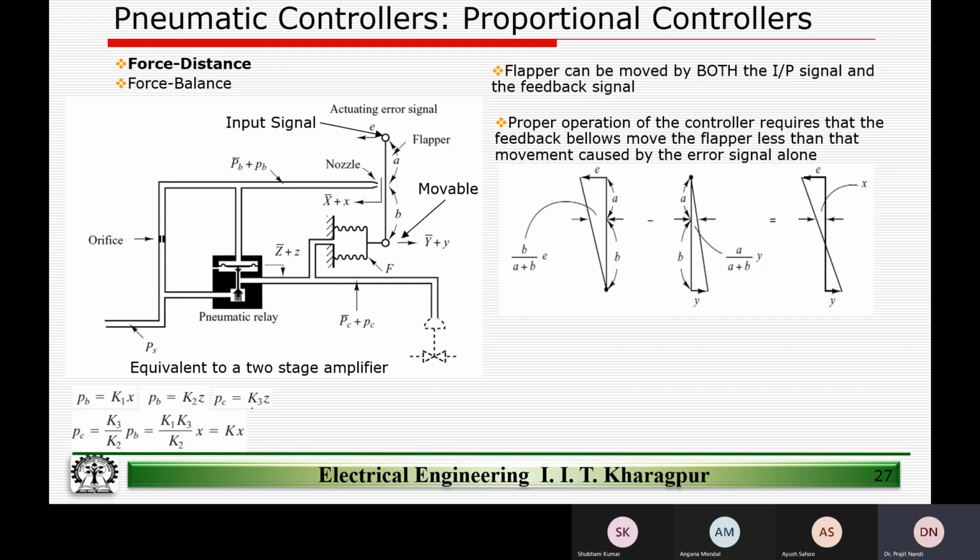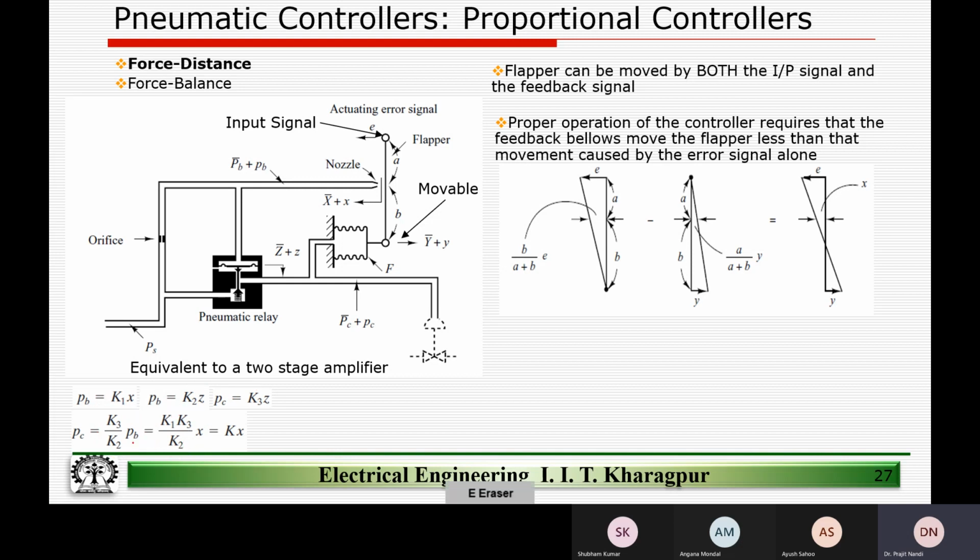So if we simplify, PC is equal to K3 into Z, and I'm replacing Z with PB here. So K3 and K2 go here, right? And then if I work backwards from PB, I can replace this with K1X, and I end up here.